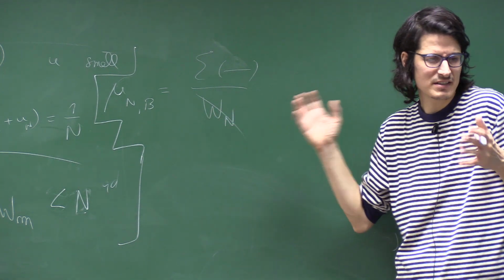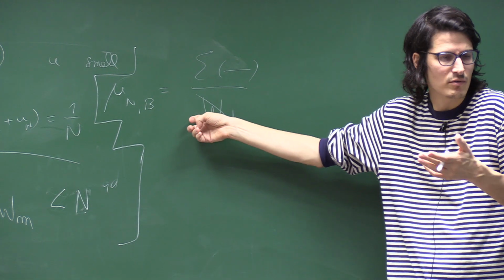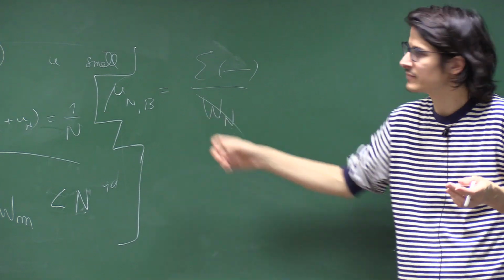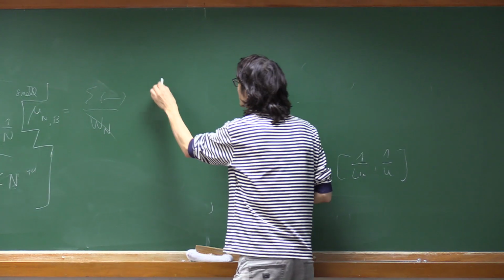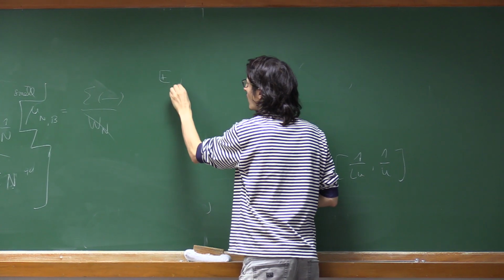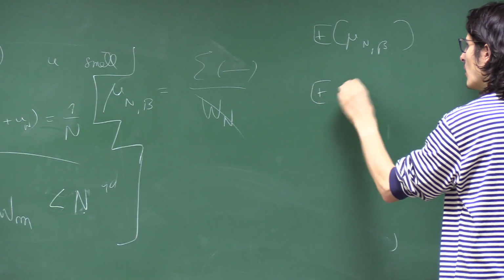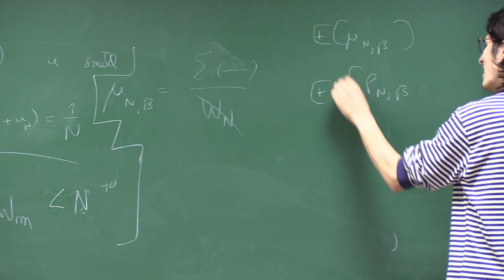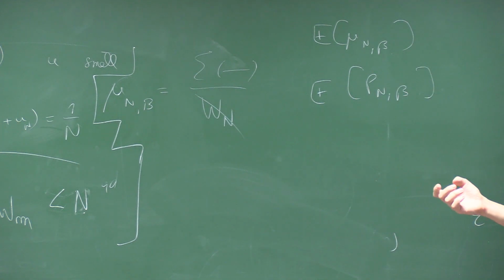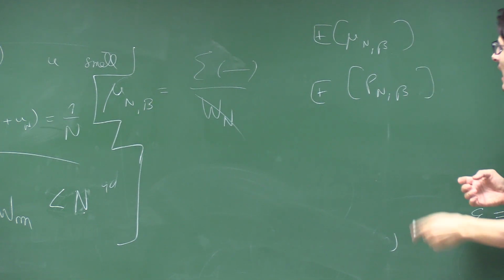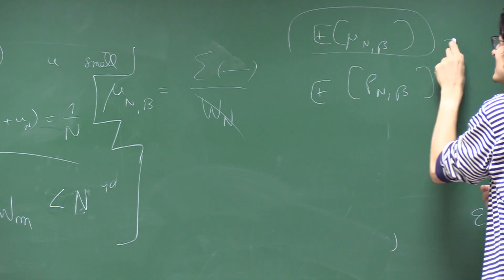And apparently it should not be very different because W_n converges to something which is positive. Okay, so you can expect that the expectation of mu_n^beta and the expectation of P_n^beta are about the same. And the expectation of mu_n^beta is exactly P.